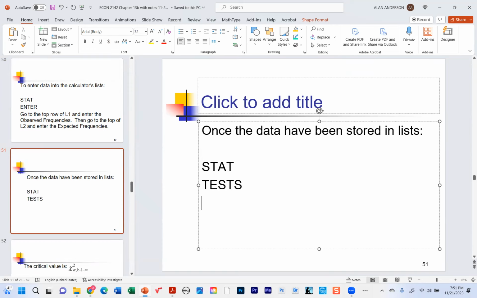And then the one you're looking for is called, it's D in mine, chi-square, which I can't really type as well here, GOF, for goodness of fit, test. All right, so try that.